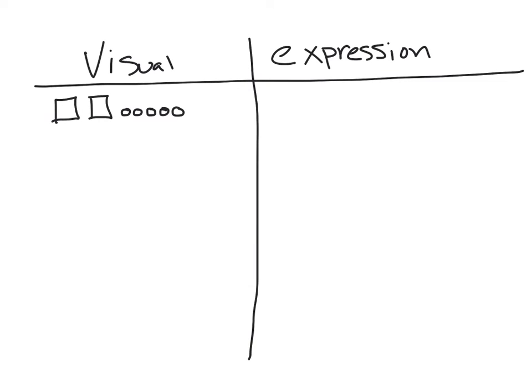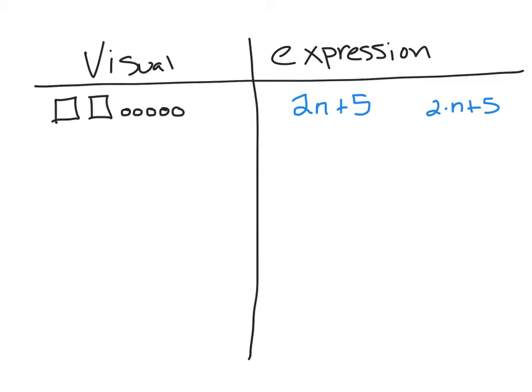Okay, so I've drawn 2 boxes and 5 small unit circles. Write down what expression you think that could be. Did you write 2n plus 5? Or 2 times n plus 5?